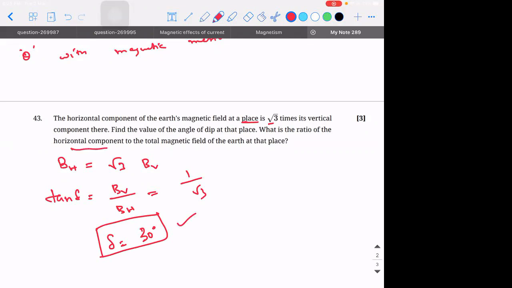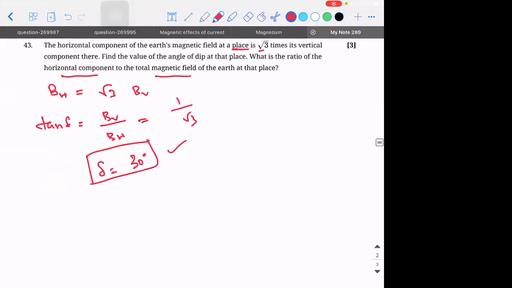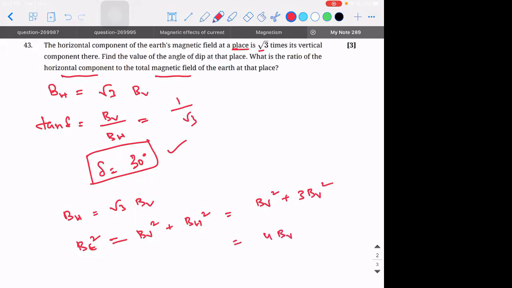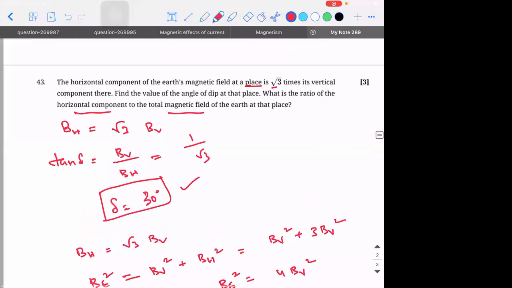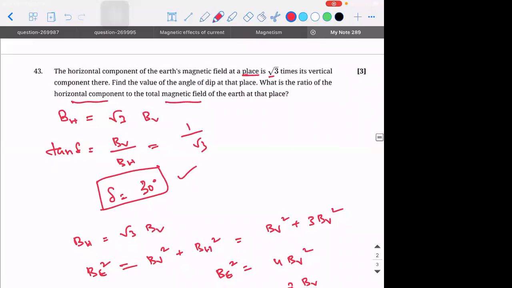So what is the ratio of the horizontal component to the total magnetic field? So horizontal component is √3 times BV. So BE square is equal to BV square plus BH square, right? So can I write it as BV square plus 3 times BV square? So it is 4 times BV square, which is BE square. So the Earth's magnetic field at that point is 2 times BV. So what did they ask? Horizontal component to the total magnetic field.